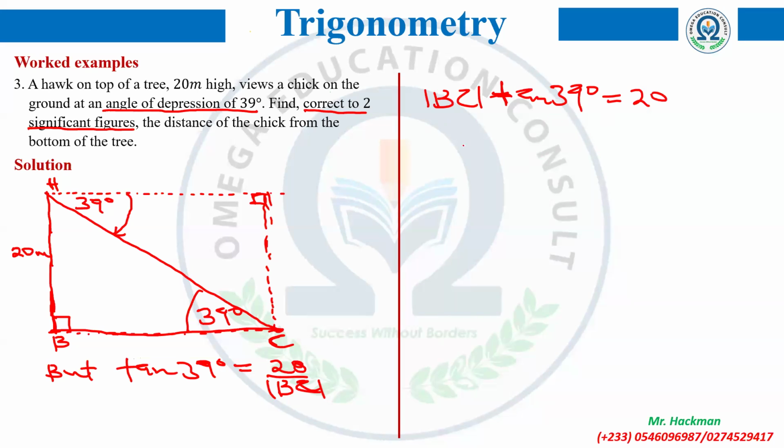So I can say that my length of BC will be equal to 20 over tan 39 degrees. All correct, my professors?